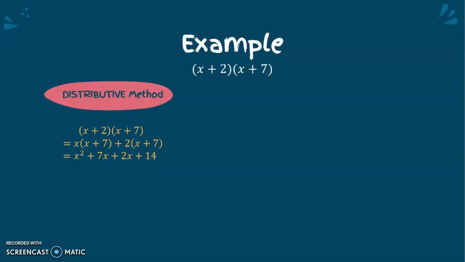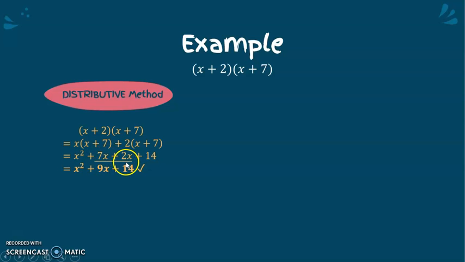Now, this is not yet the final answer because we still have terms that we need to combine: 7x plus 2x. As you have observed, their literal coefficients are the same, meaning these are similar terms, so we combine them by addition. We copy x squared, then add the second terms, 7x plus 2x.